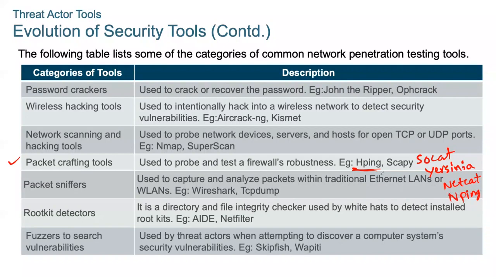So there is host ping, network ping, netcat, Yersinia, socat, and the nemesis tool is another one. These are a few tools, but two are so famous: hping and Scapy.